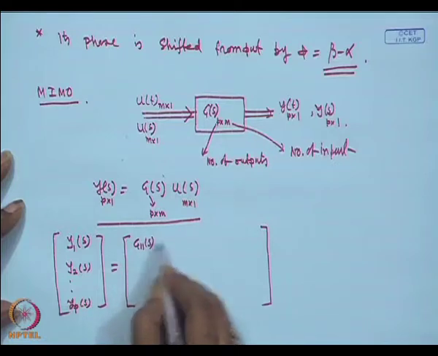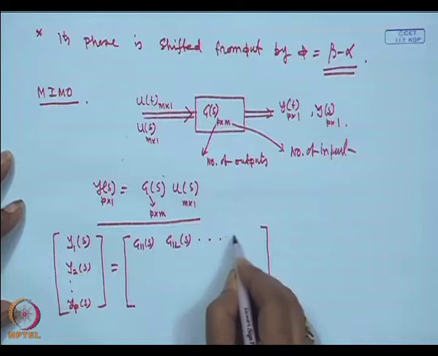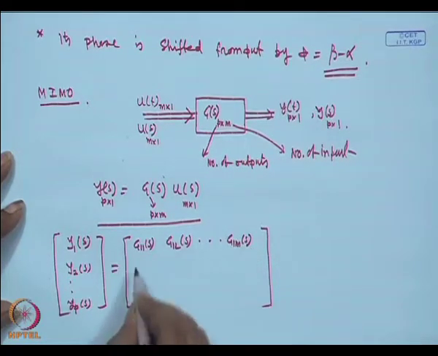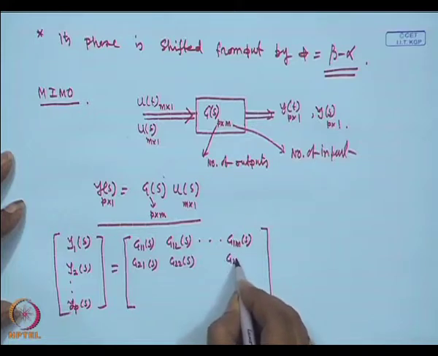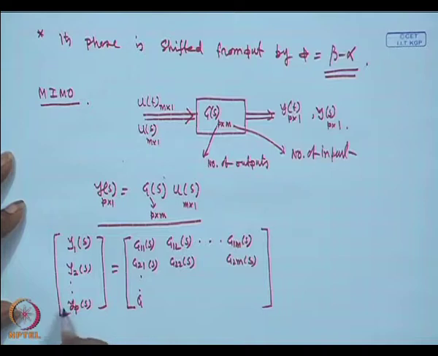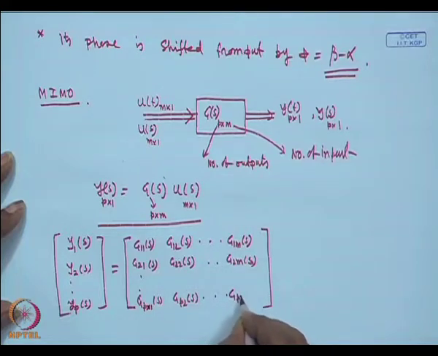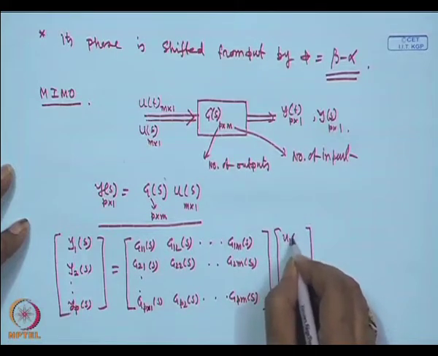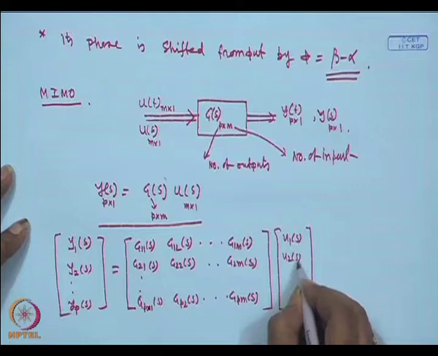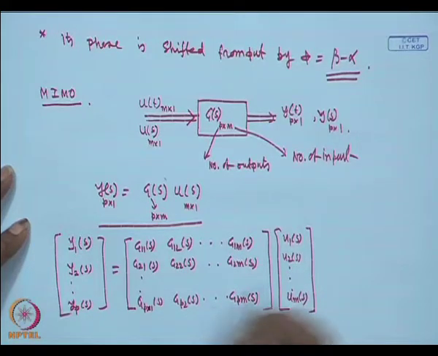So, G11(s), G12(s) up to G1m(s), second row G21(s), G22(s) up to G2m(s), and in this way the last row Gp1(s), Gp2(s) up to Gpm(s), multiplied by the input vector U1(s), U2(s) up to Um(s). So, this is the basic equation of this one.